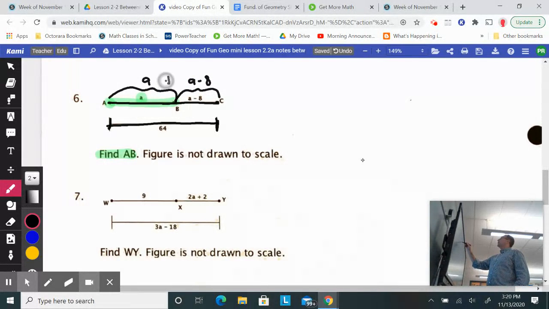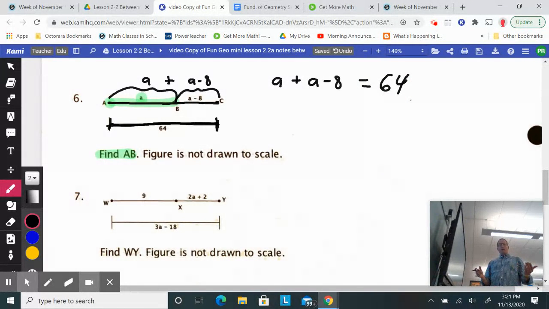Now, if I add those together, it should give me the total distance down below of 64. So basically, you're setting up an equation. An equation shows two things that are equal. Something equal to something else. Well, I know A plus the A minus 8 segment from B to C is going to equal the whole distance of 64.